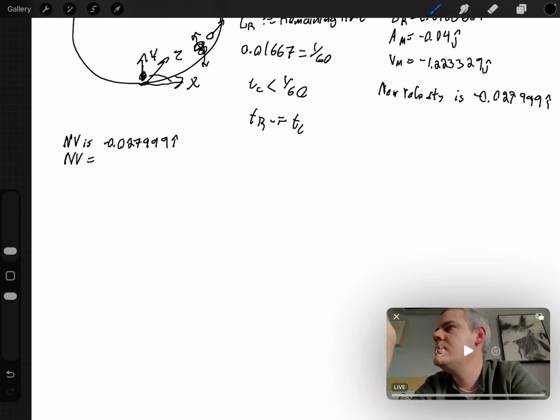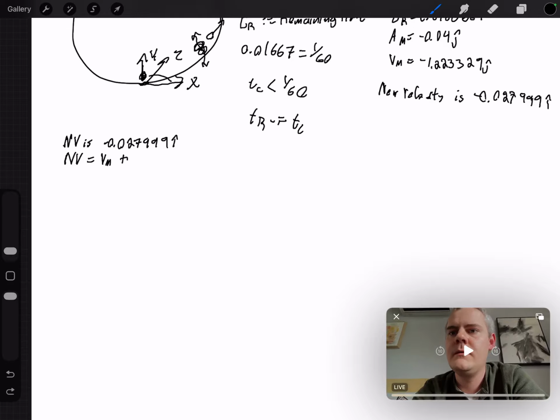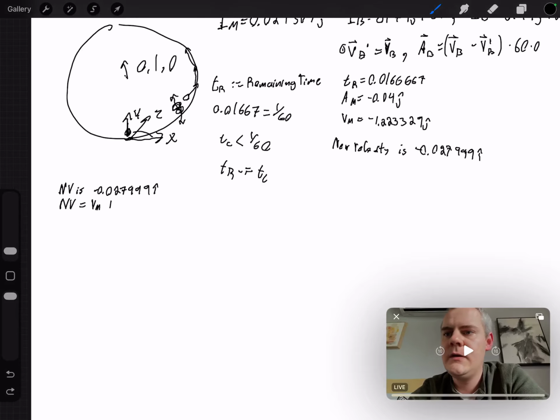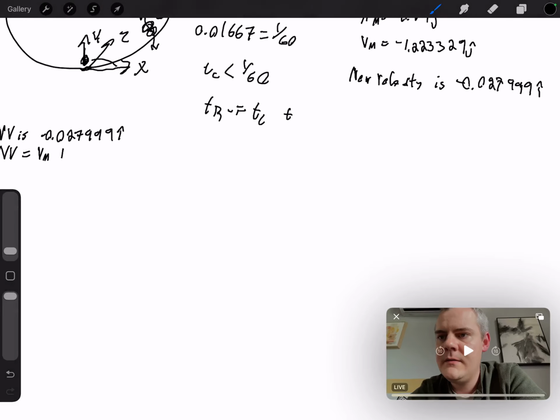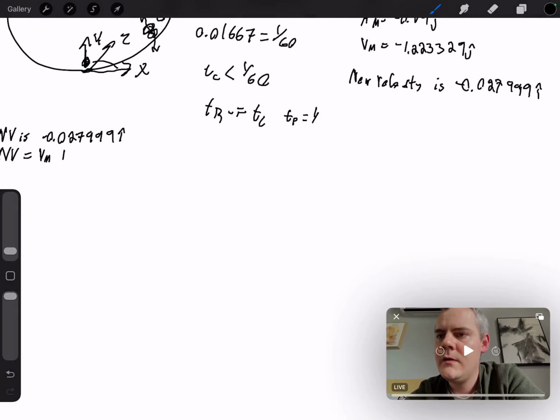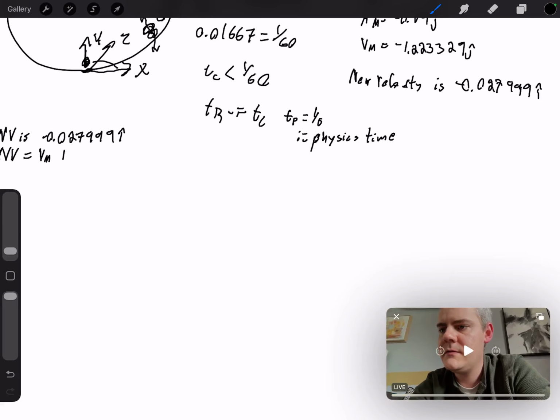And V is equal to marble velocity. I maybe should have defined this after. P is 1/60, which is physics time.